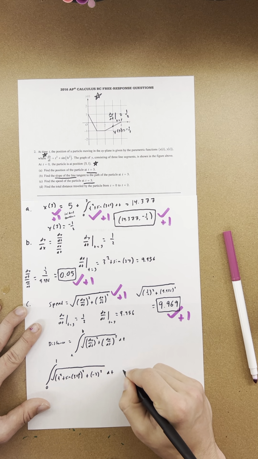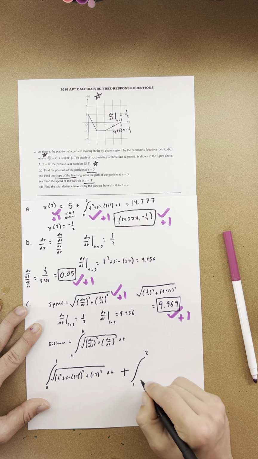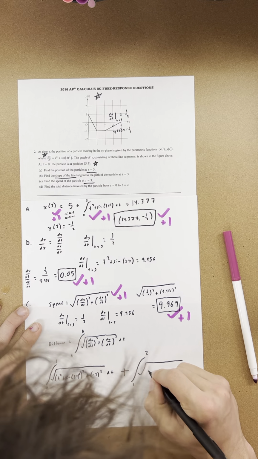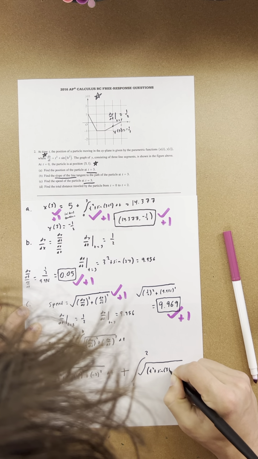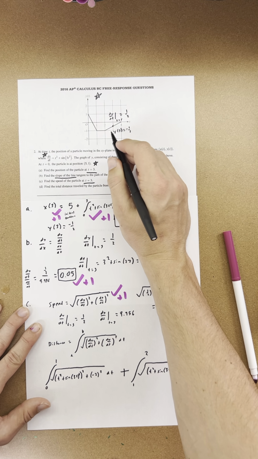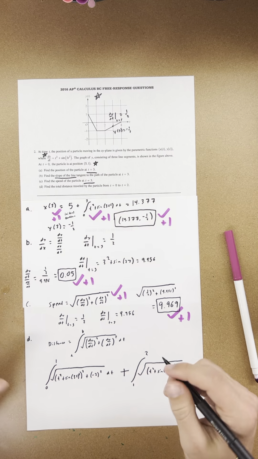And then we're going to add that to the integral from 1 to 2 of the same thing for dx/dt, but dy/dt is 0 on that interval, so plus 0 squared dt.